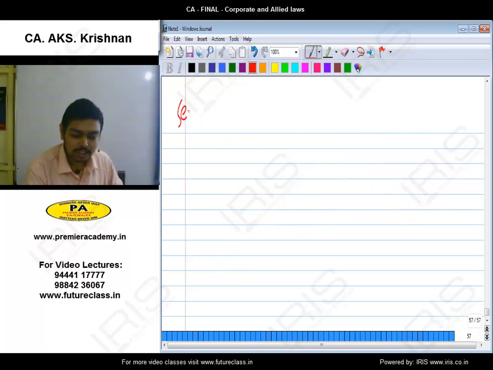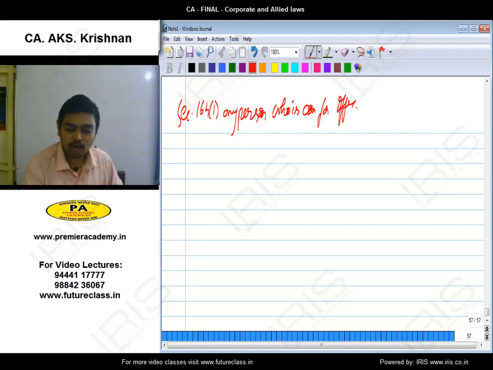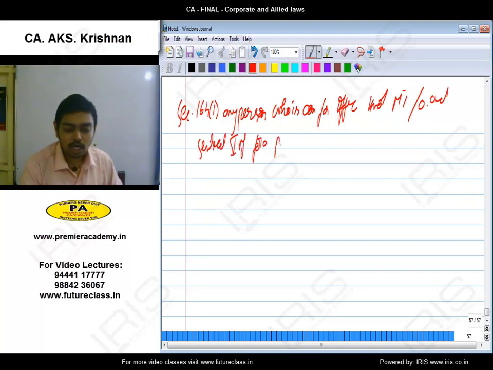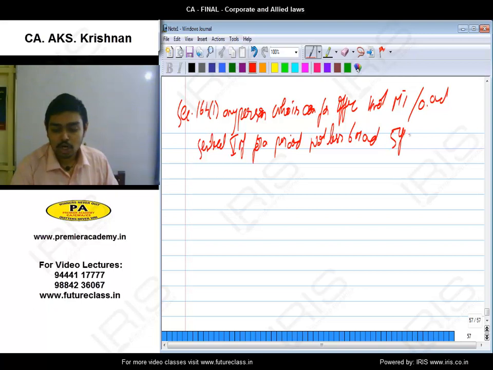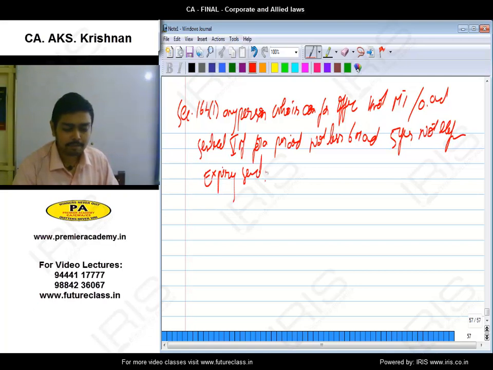As per section 164 subsection 1, any person who is convicted for an offence involving moral turpitude or otherwise and sentenced to imprisonment for a period not less than 6 months, and a period of 5 years has not elapsed from the date of expiry of the sentence.